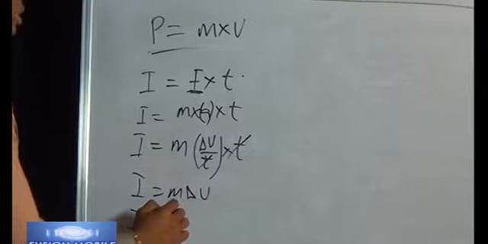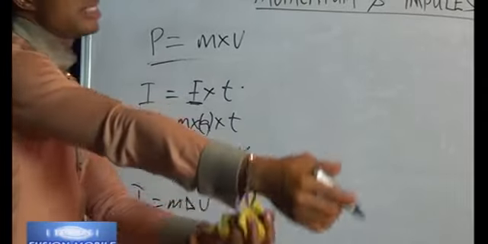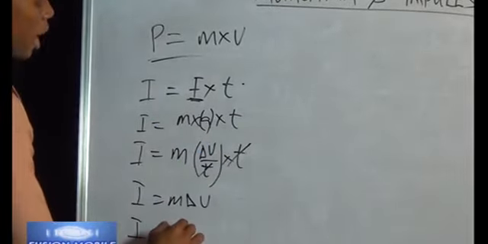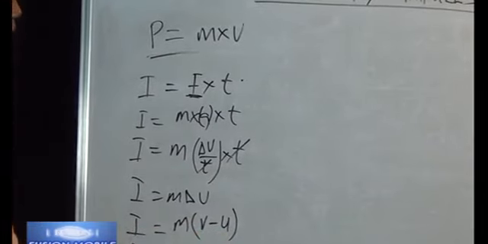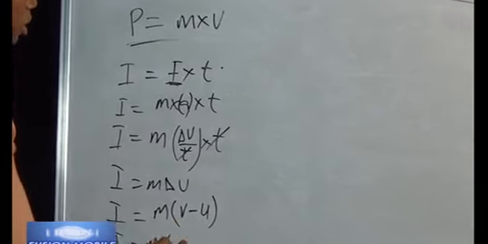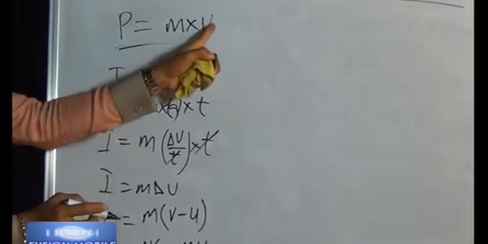That is mass times change in velocity. Bringing it down further, change in velocity is final velocity minus initial velocity. So we have m bracket v minus u. Opening up the bracket, impulse is equal to mv minus mu. And you know that momentum is mass times velocity.